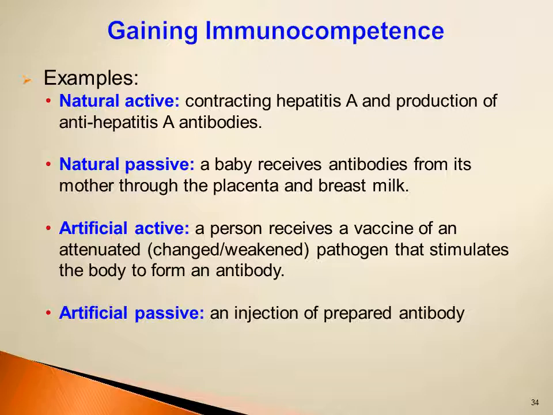An example of artificial passive is just the injection of pre-prepared antibodies obtained from another person and then injected into the blood of the recipient to give him an artificial passive immunity.